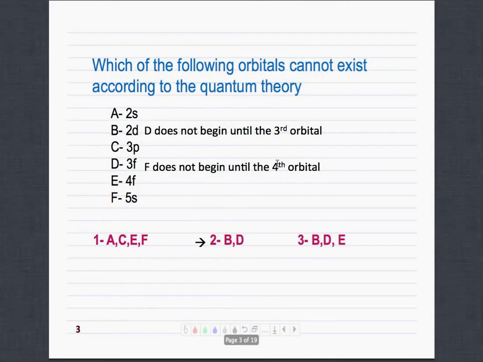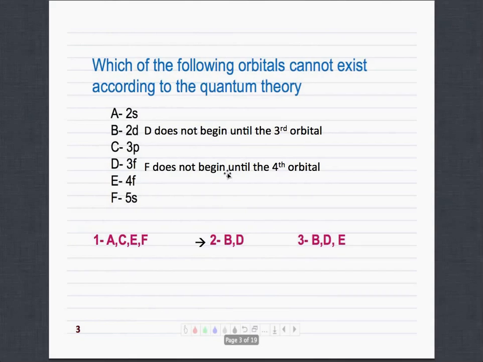This is why this is wrong. 3p means n equals 3, L equals 1, and definitely there is a p in the third shell. So yes, this exists. 3f means n equals 3, L equals 3, because f is represented by L equals 3. L can never be equal to n, so no, that does not exist.